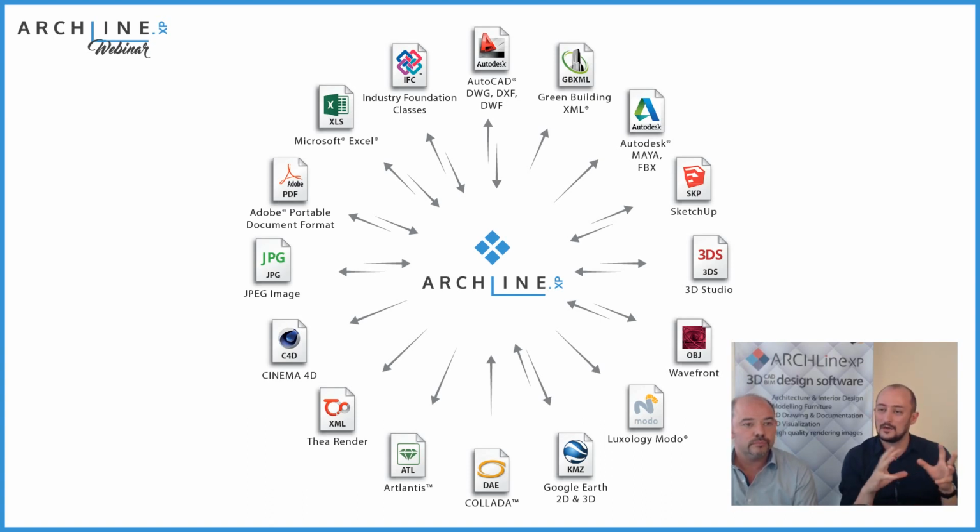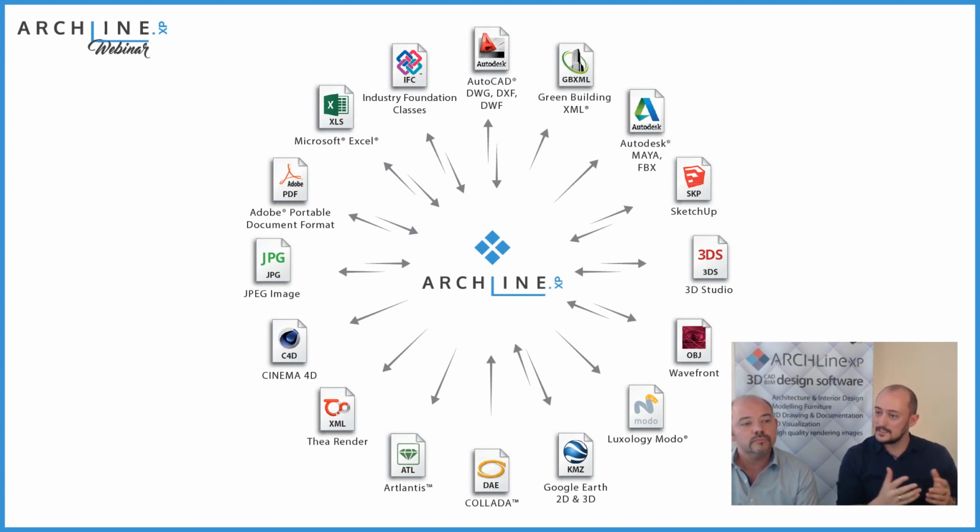ARCHLine.XP also allows you to export data to the green building XML file, which makes it possible to calculate that information. And as you see, there are data 3D, 2D, also listings, and the most important thing, the two most important file formats: the IFC at the left hand side, and at the top the DWG and the DXF, which is still very popular because of the 2D documentation which you can communicate via.